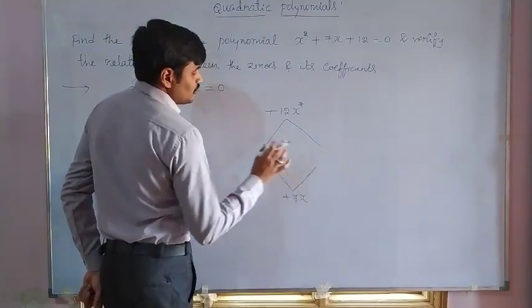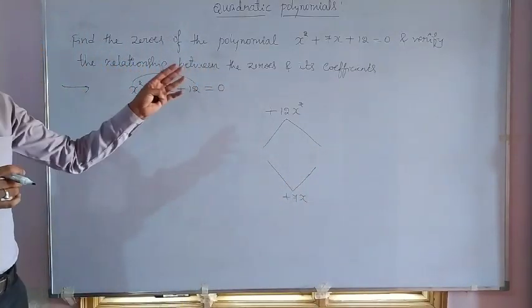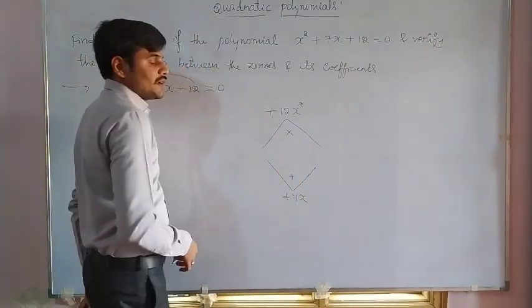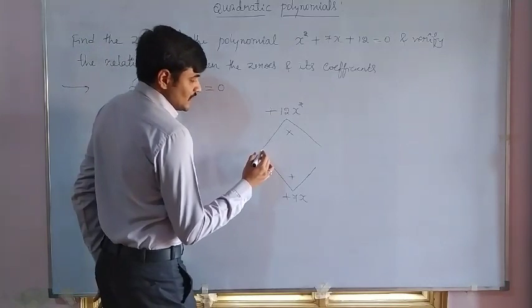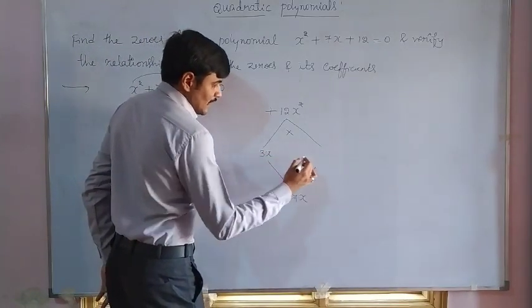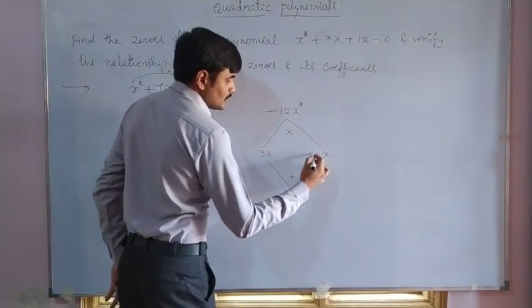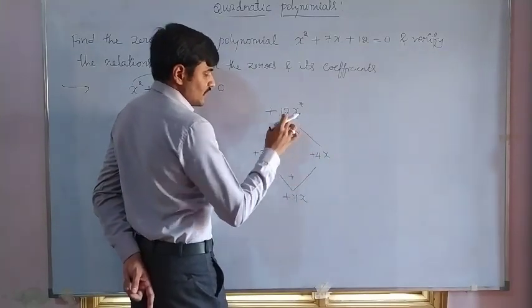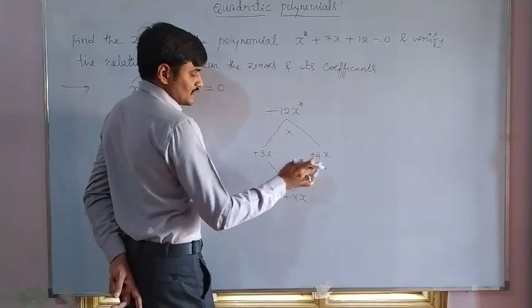We need two terms which, if you multiply, give 12x square, and if you add, give plus 7x. Here, 3x and 4x: 3 fours are 12, and 3 plus 4 is 7x.